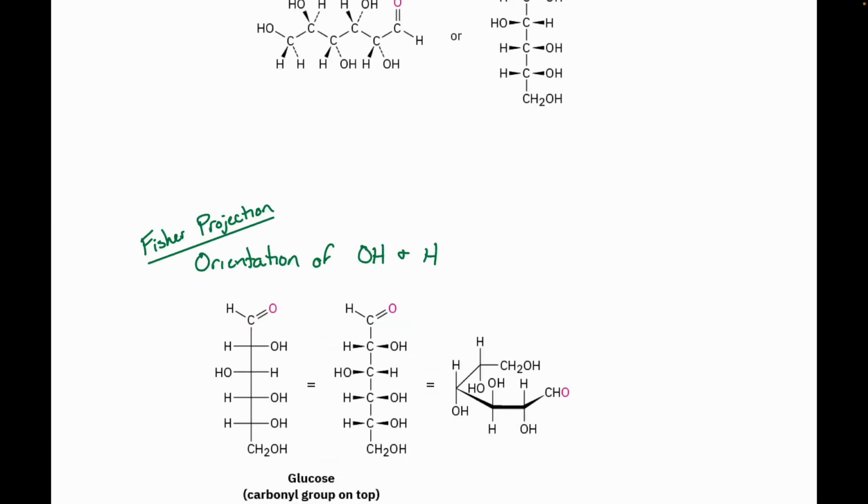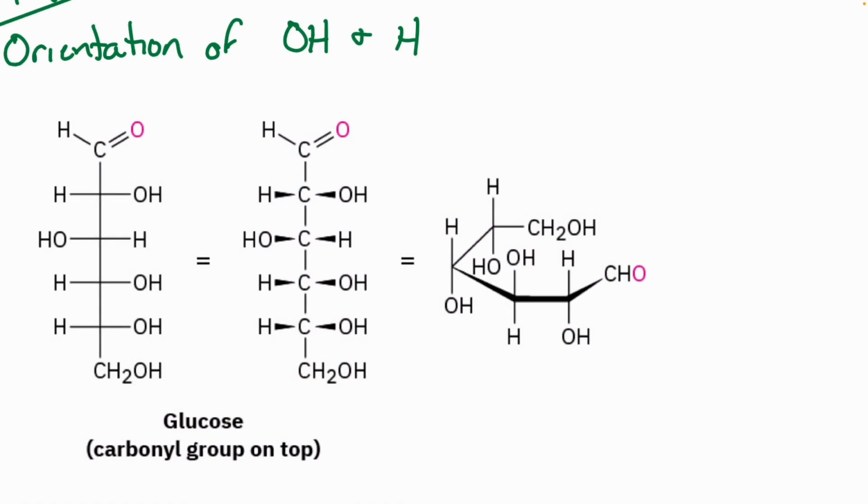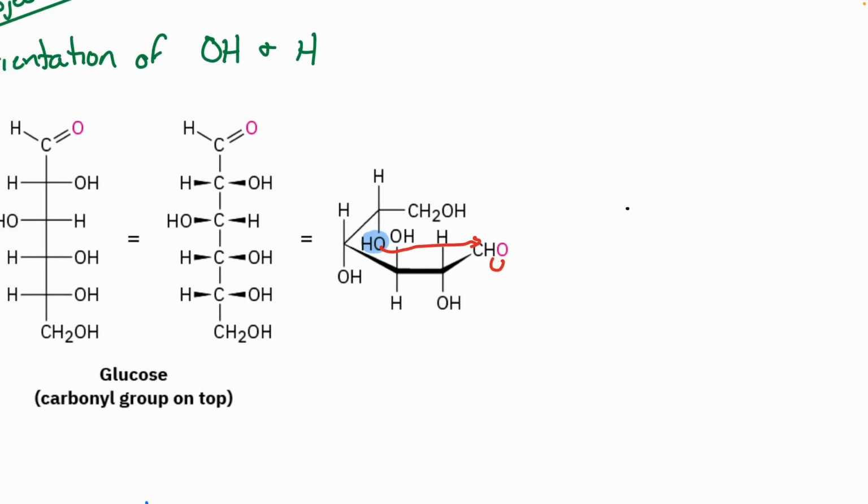So what ends up happening is one of the OH groups, it's actually this one down here, is going to act as our nucleophile. I think I always do nucleophiles in blue. And it's going to attack that carbonyl carbon. And this will form this six-membered ring where oxygen is a member of that ring. Right here.